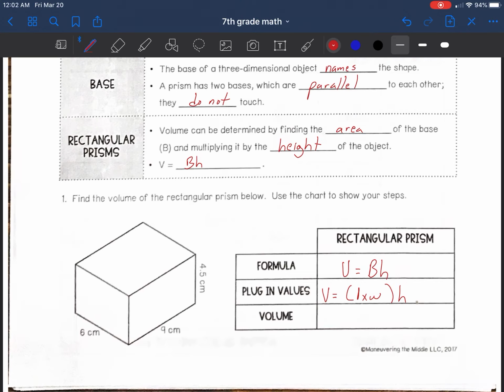Now, let's look at our base. Our base of our rectangular prism is this bottom part down here. So what two numbers are we going to multiply there? We will multiply 9 times 6, then times the height.